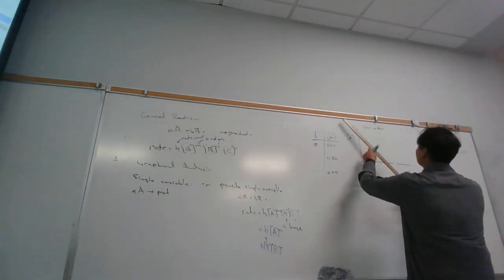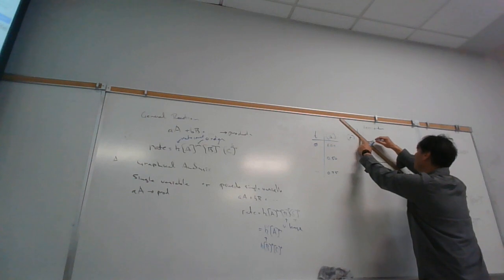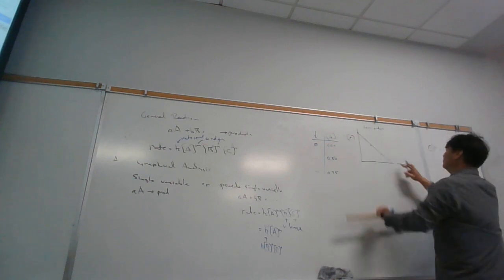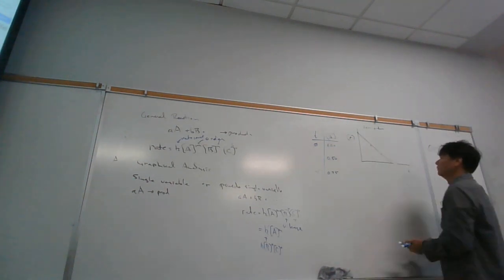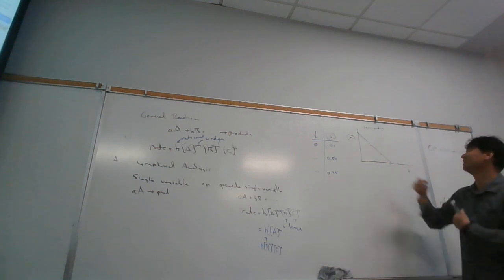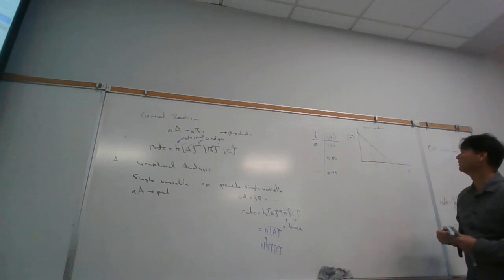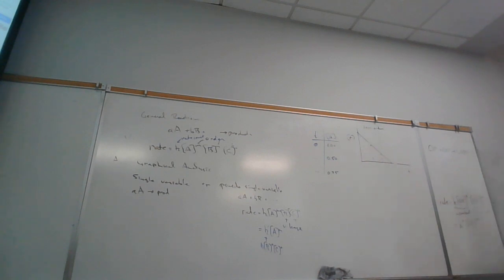This one looks curved. It's supposed to be a straight line. I can see this first half-life, second half-life, third half-life. Doesn't look quite right, but that would be zero order.